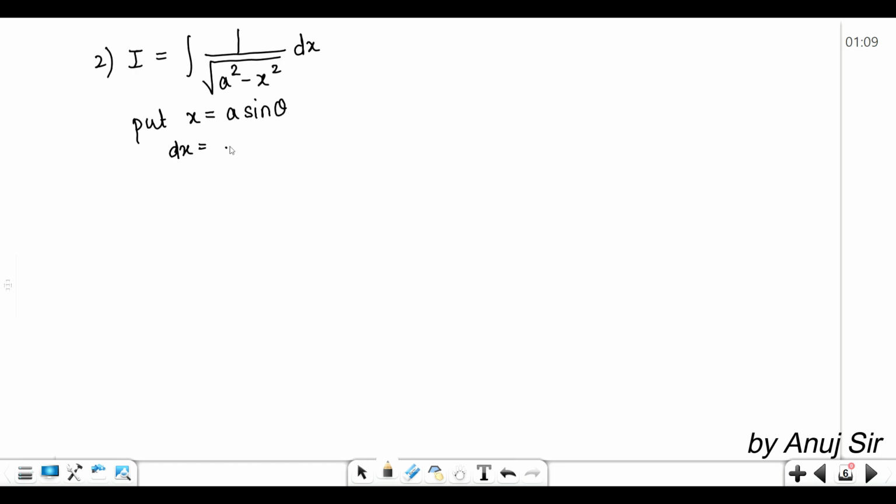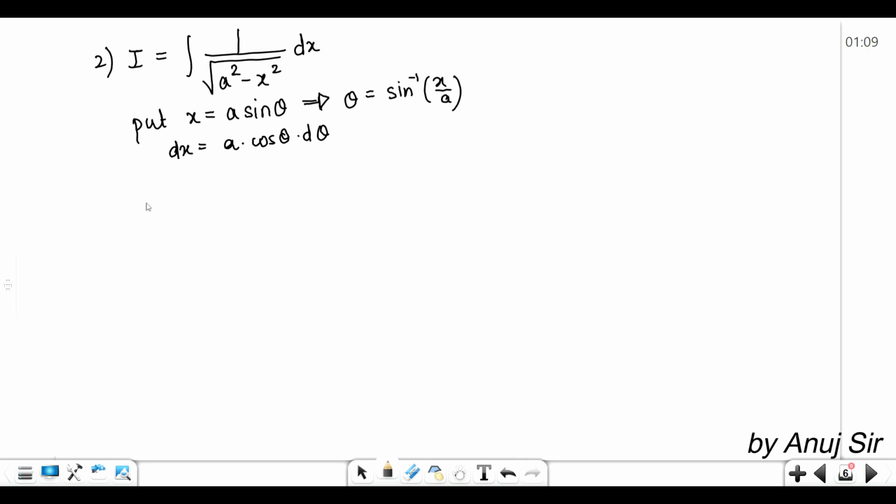A is a constant, we'll keep it aside. The derivative of sine is cos theta and d theta. Also we are going to find the value of theta. The theta value will be sine inverse of x upon a. You can just write it over here because we are going to take the help of this theta.